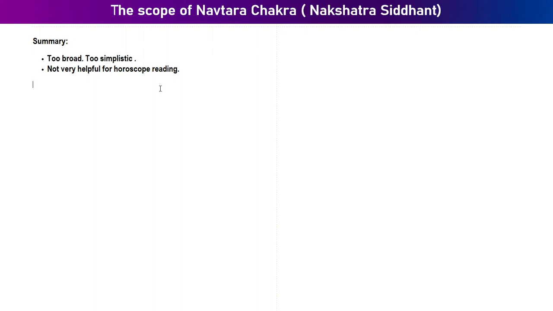And I remember when we were experimenting with Navtara and the Nakshatra Siddhant, we realized that theories that tend to not make use of a horoscope, ascendant, and the 12 houses and all that, these theories don't work. They don't have any depth, and they don't help you in making a good reading of the horoscope.